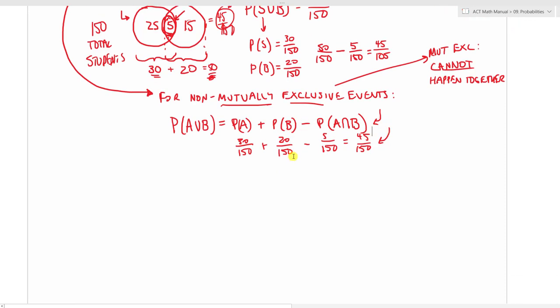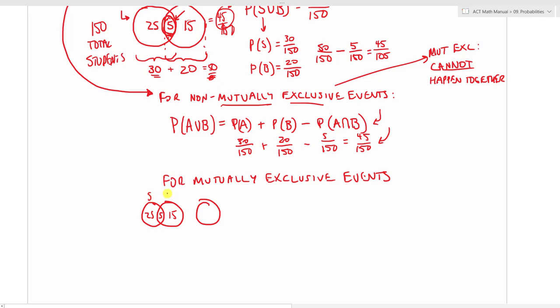Now, for mutually exclusive events. So let's say we've got that same scenario where we've got the soccer and basketball teams. But let's say there's a third team.